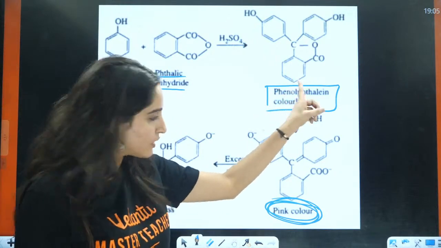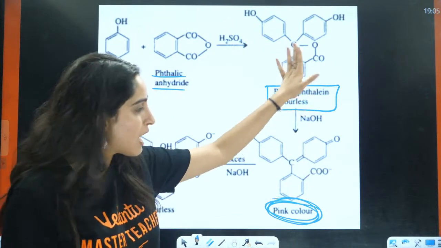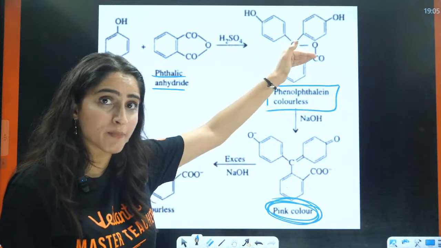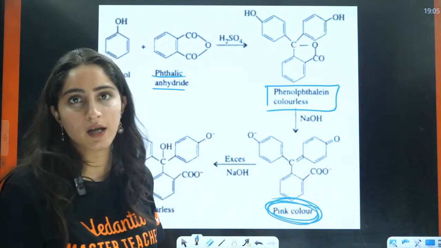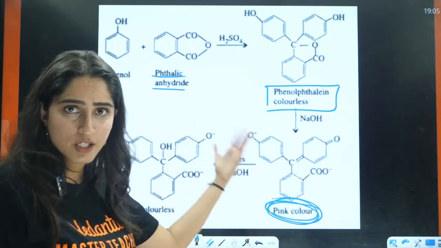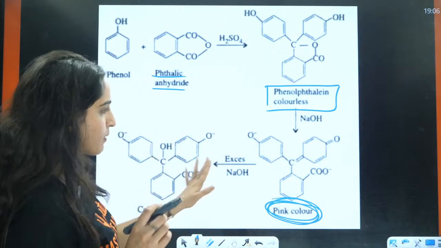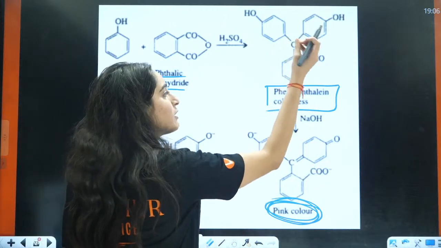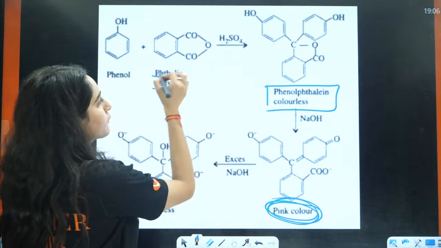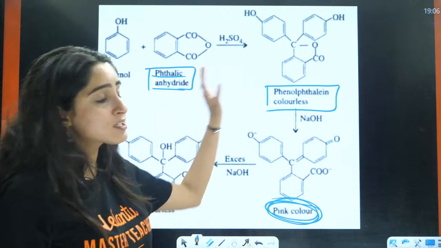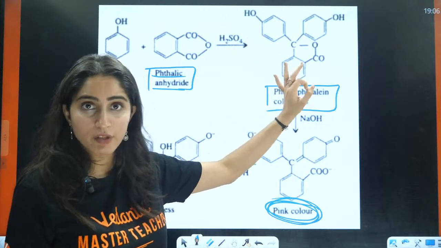After this, when you add NaOH, the colorless compound will be converted to pink color. Then if you add excess NaOH, it will again become colorless, but you don't have to remember this. Just remember that when it is reacted with phthalic anhydride in presence of H2SO4, it is converted to colorless phenolphthalein, right?